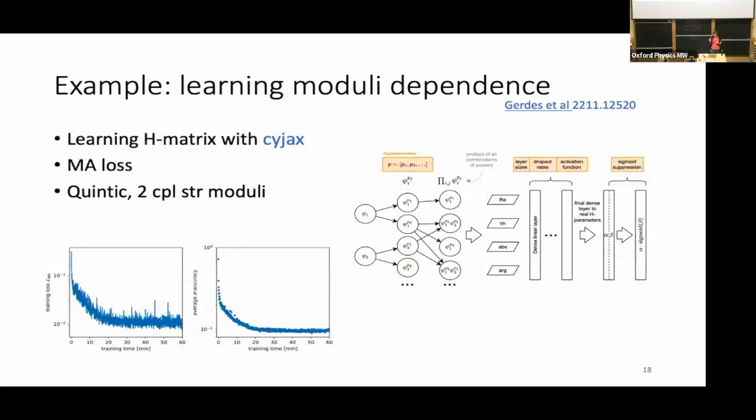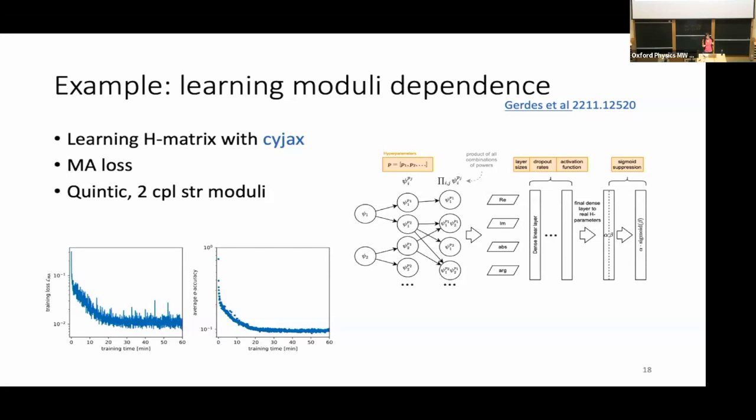Another package which targets this modular dependence is CyJax. And here I've just stolen some plots from this paper from last year by Gerdes and Krippendorf, where they are again learning the H matrix, using training with Monge-Ampère loss, but now they are working on a quintic with 2 complex structure moduli.